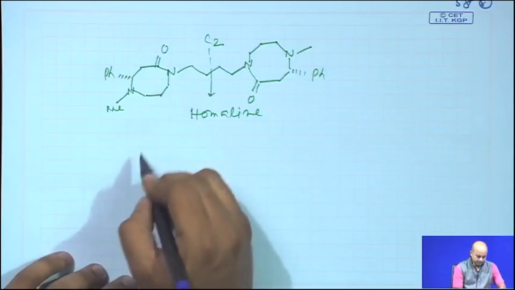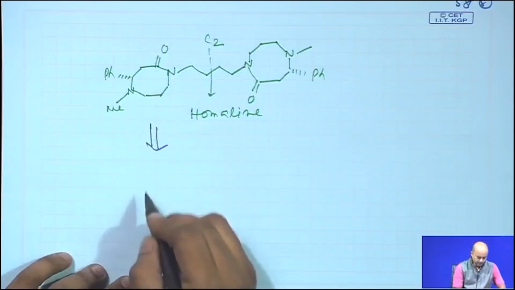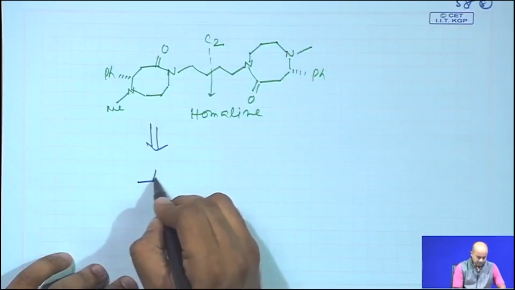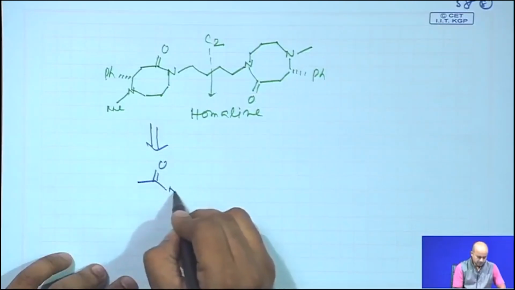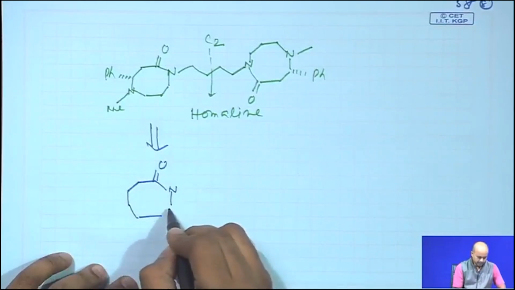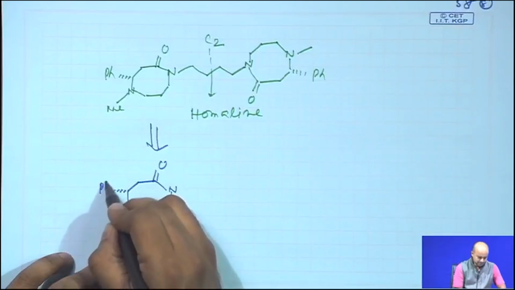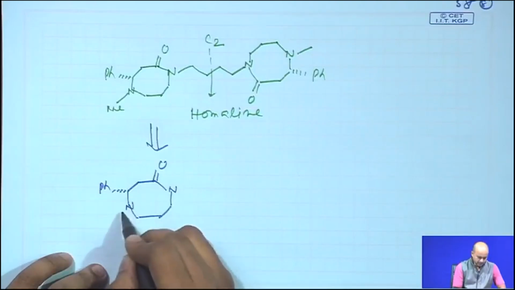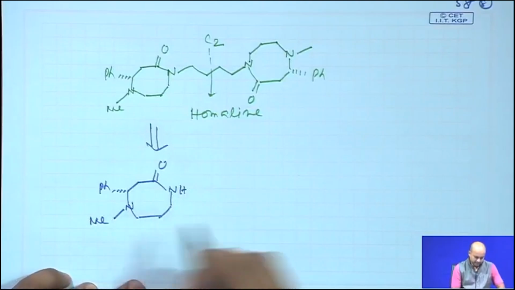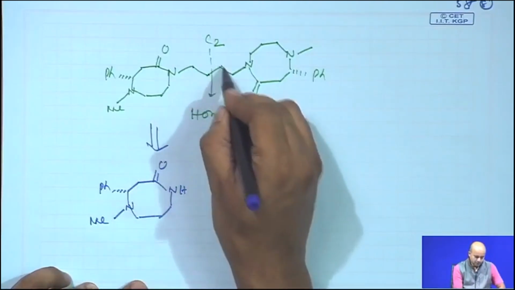If you do this target analysis, you will find that if you have this particular compound as your starting material, you can couple with 1, 2, 3, 4.